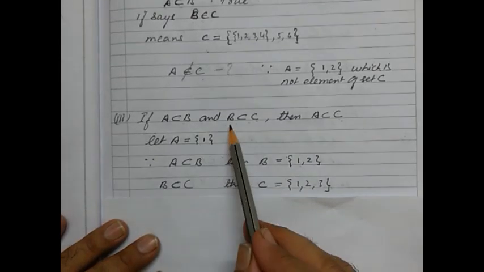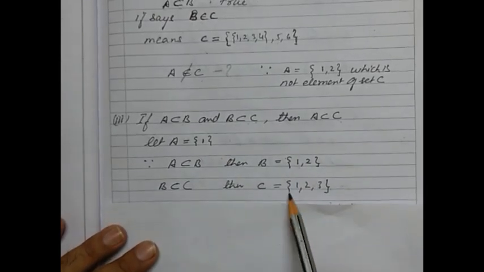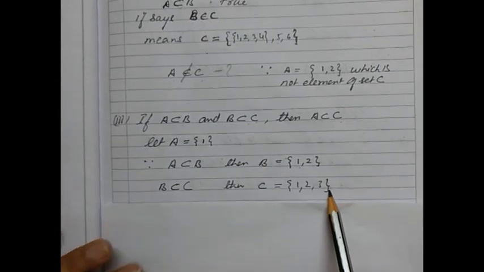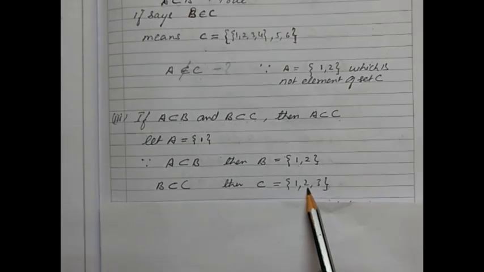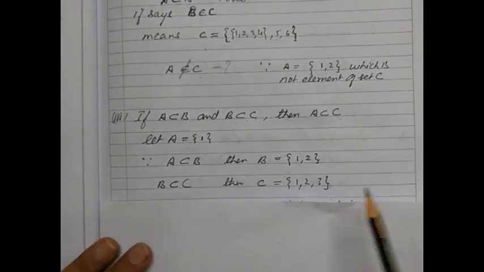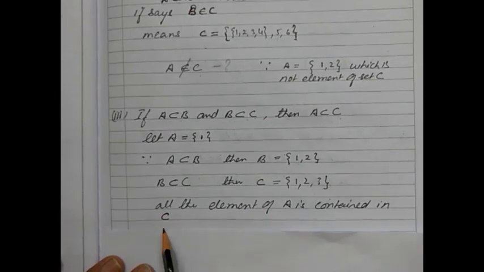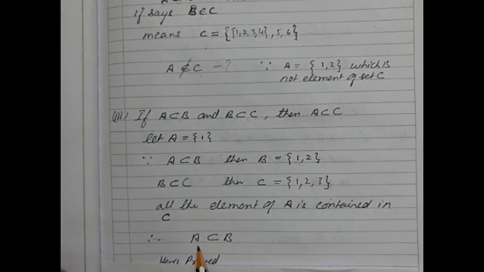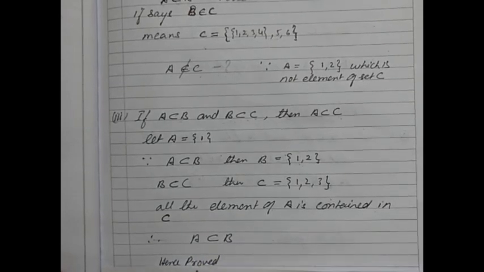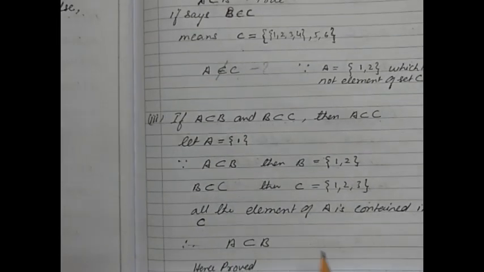And further it says that B is a subset of C. So we will have C as a set which has more elements than B, but all the elements of B will be there. I hope this is clear. So all the elements of A are contained in C. Therefore A is a subset of C. This is what we have proved.